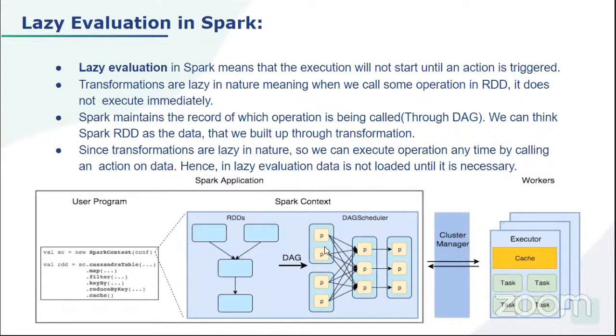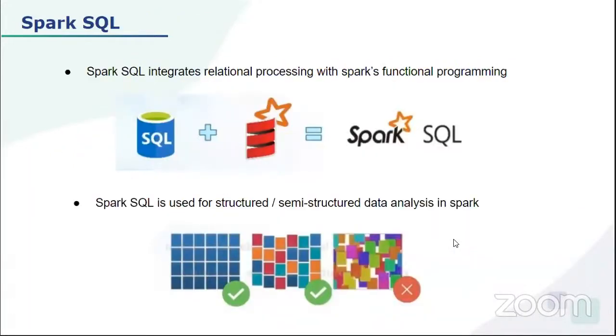So that becomes an optimized way of execution. Then the cluster manager gives these tasks to executors, and executors perform them. In the executor there is the cache, which is in memory, so the data will be present in this cache whenever that is executed.